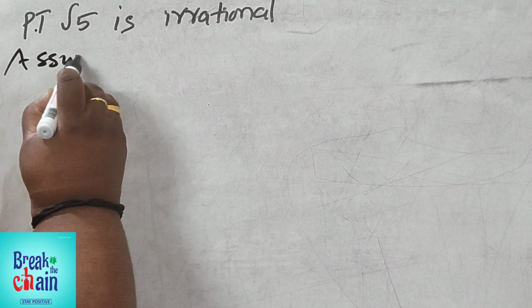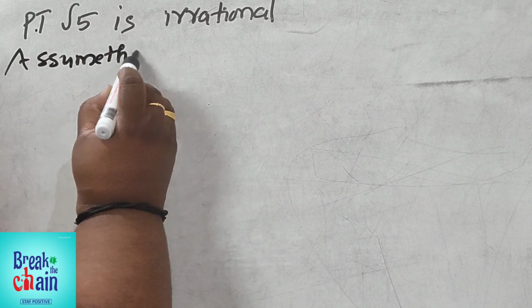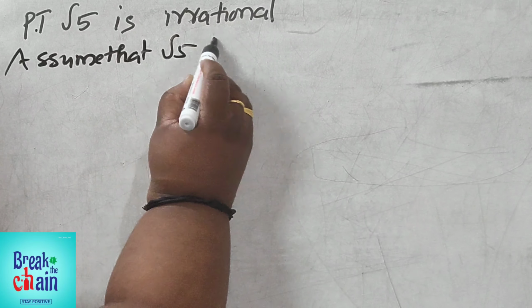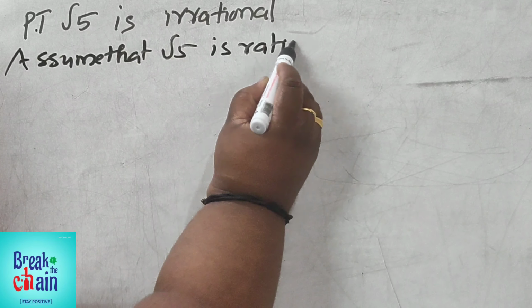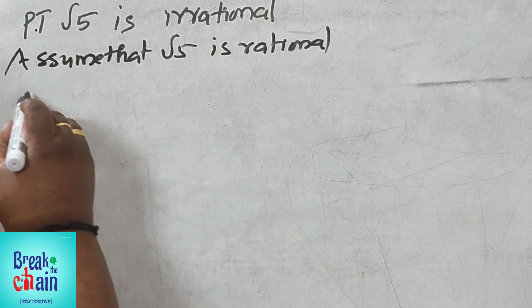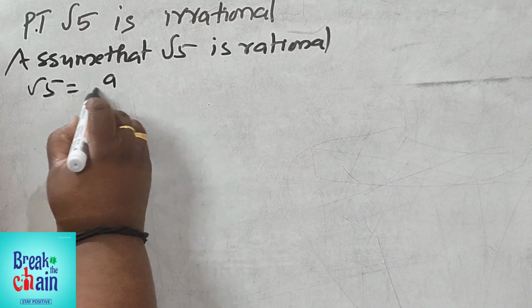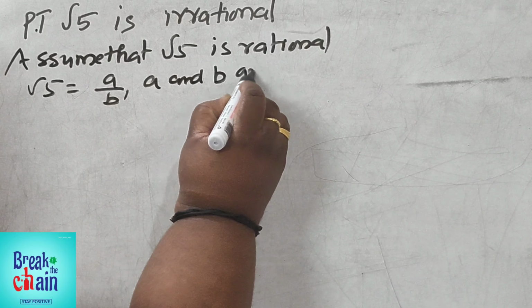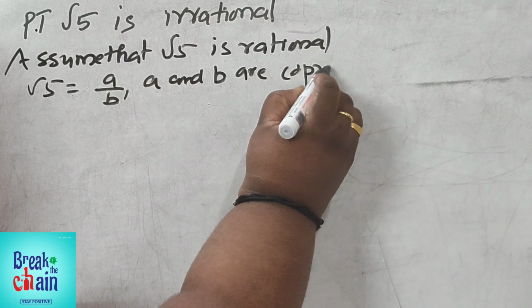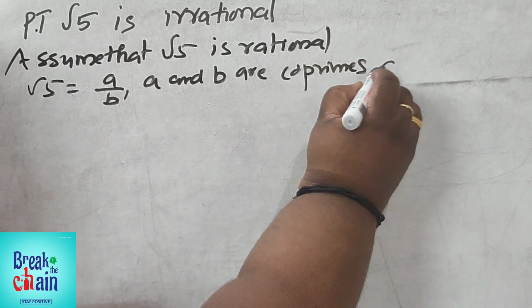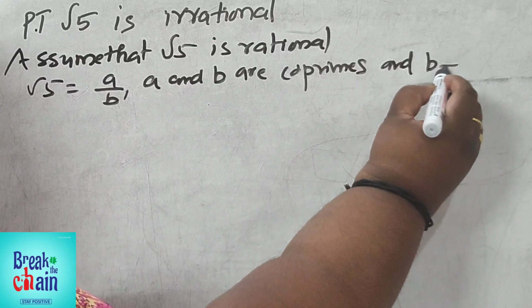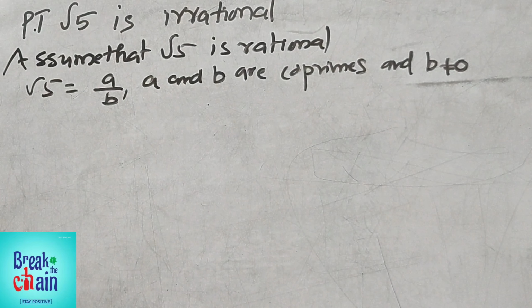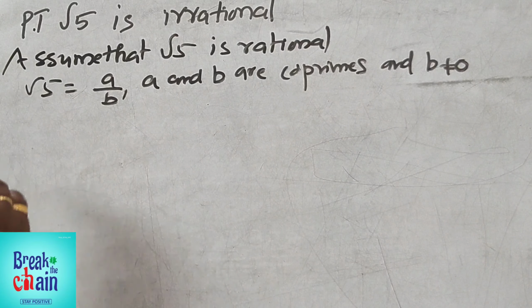Assume that root 5 is rational. So root 5 can be written as a by b, where a and b are co-primes and b not equal to 0.